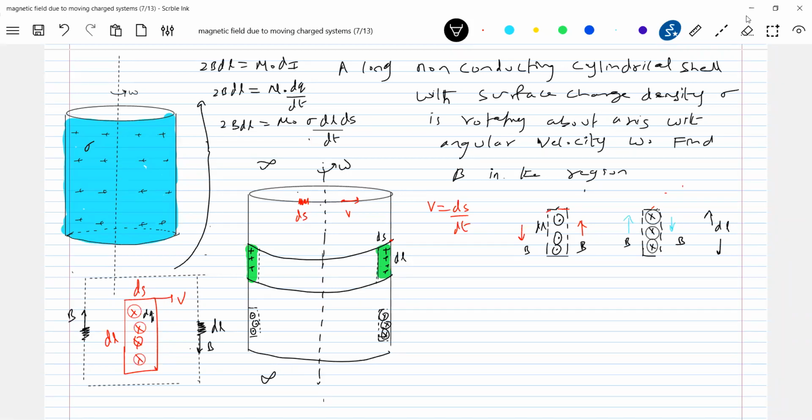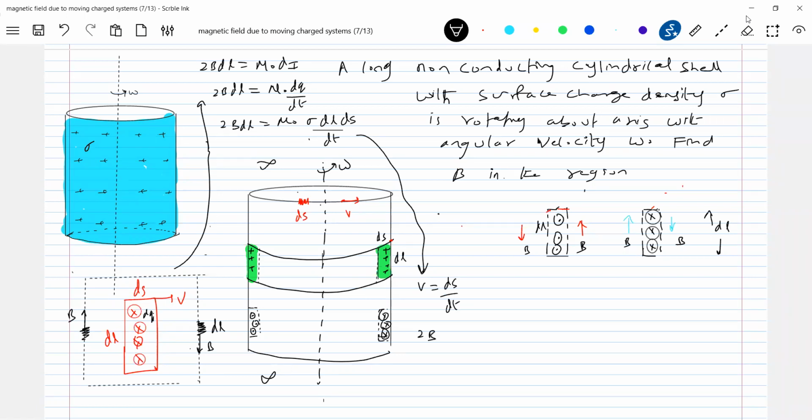Now, what we can write. V is what? ds by dt. This V is ds by dt, no? At many places I indicated. So this V should be equal to ds by dt.